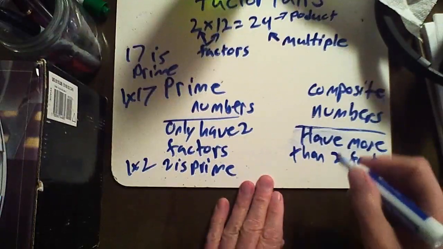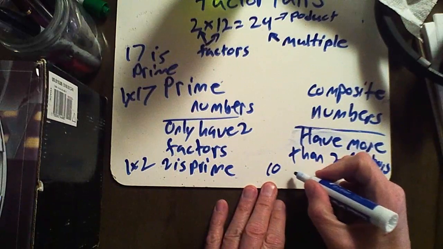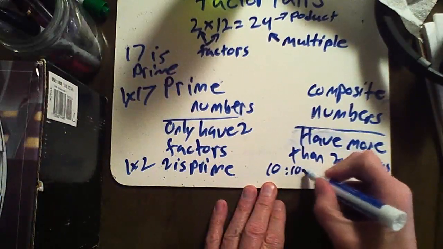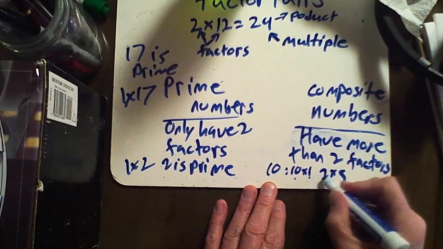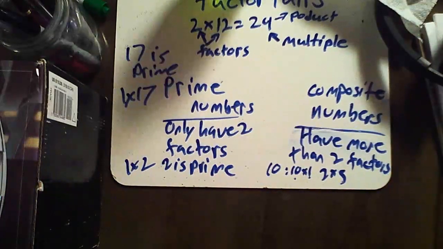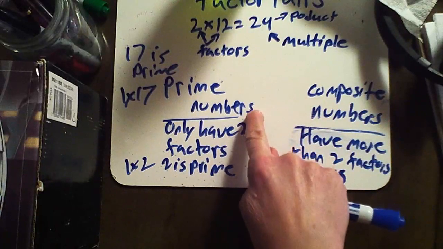For example, the number 10. 10 is composite because its factors are 10 times 1 and 2 times 5. That's 1, 2, 3, 4 factors. That's more than 2. All right? So composite numbers have more than two factors. Prime numbers have only two factors.